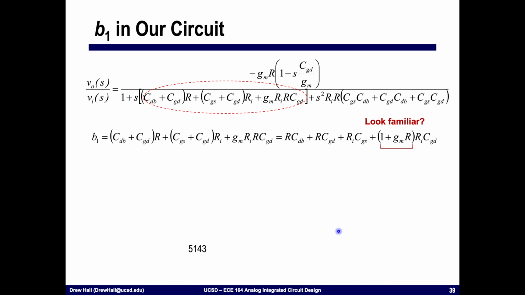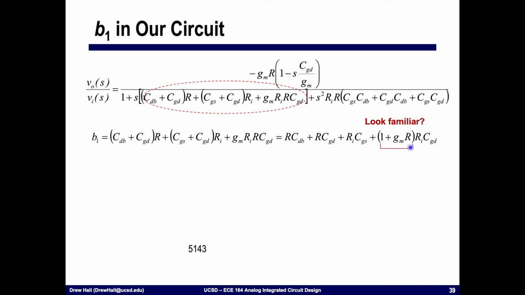So let's look back at the circuit that we've been analyzing, and let's consider what B1 is in this circuit. So B1 is this S term, and so it's this entire expression here. That's B1. Okay? And if I multiply this out and group the terms together in terms of just R times C, what you would find is that it's R times CDB plus R times CGD plus RI times CGS plus 1 plus GMR times RI times CGD.